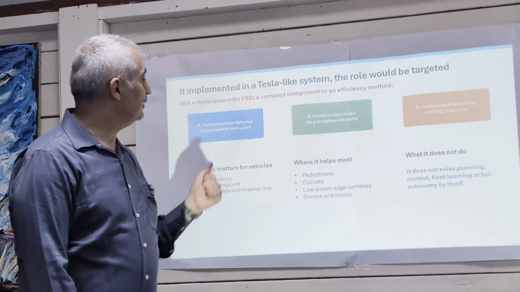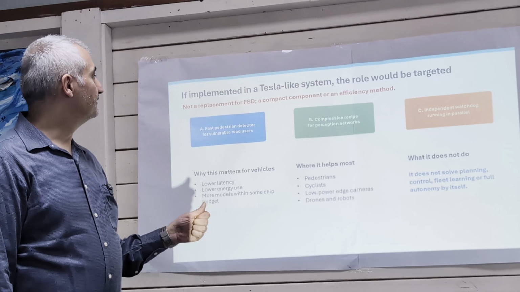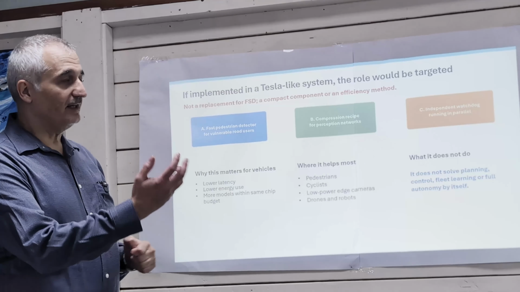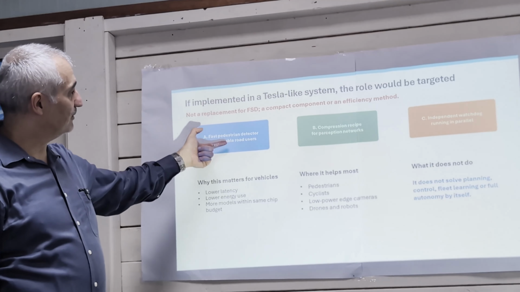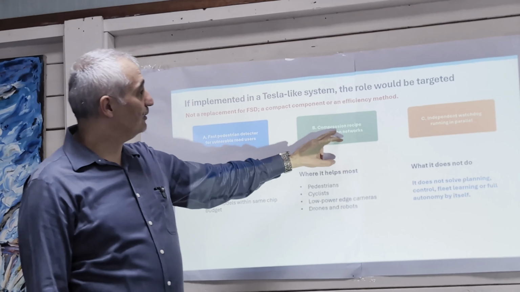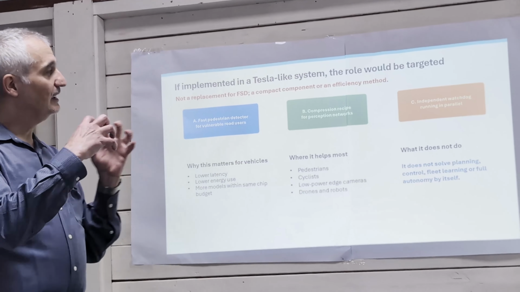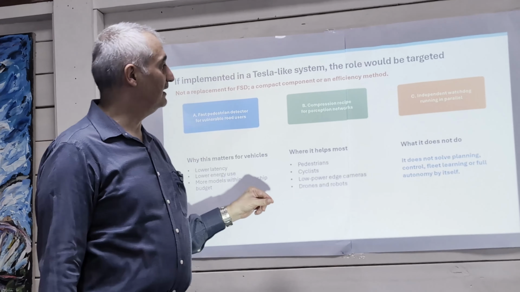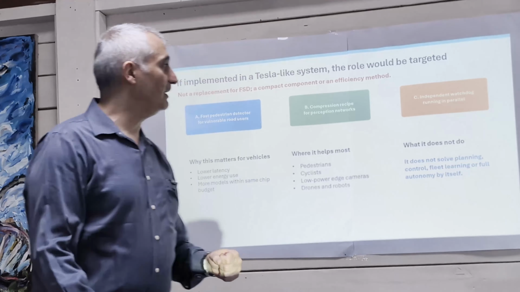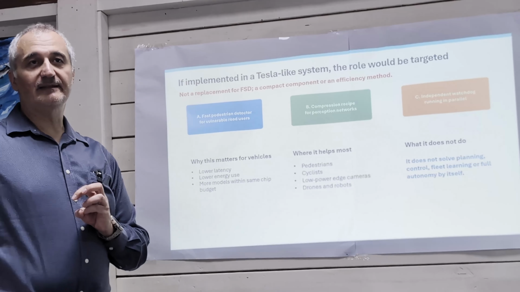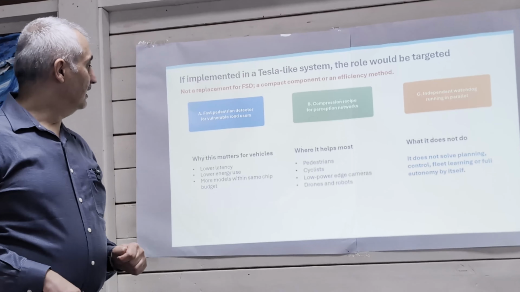If we were to implement this on a Tesla-like system, again, it's not a replacement. It would provide a fast pedestrian detector for vulnerable road users. It can be a compression recipe for the perception network, so it could do more with the same hardware, and it could be running as an independent watchdog, running as a separate code in the system.